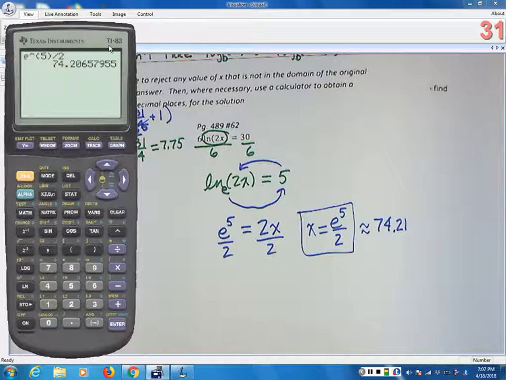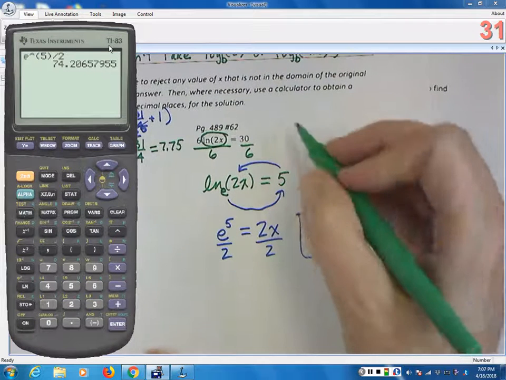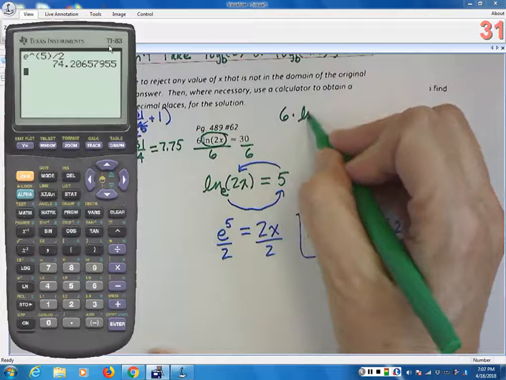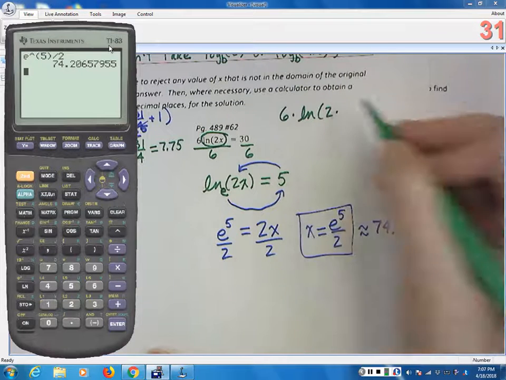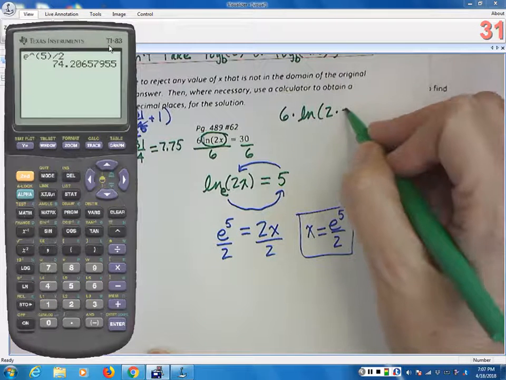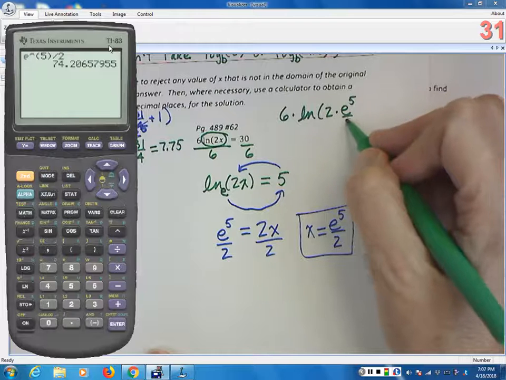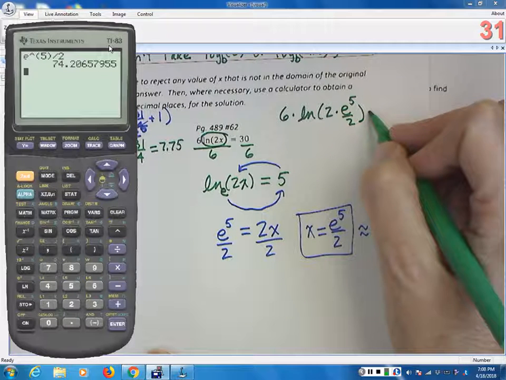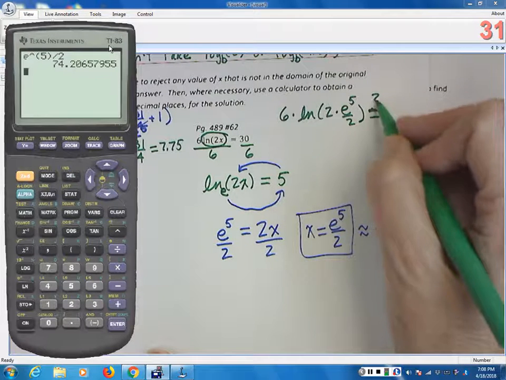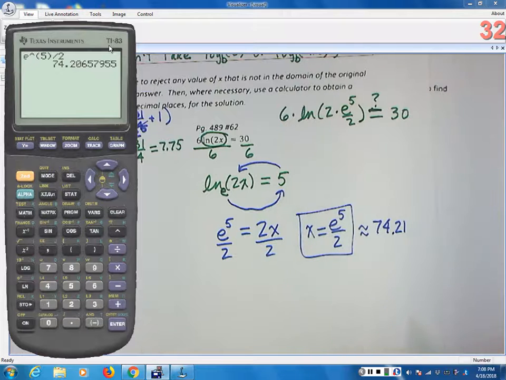So we check: is 6 times natural log of 2 times e to the 5 divided by 2, does that equal 30? We're checking.